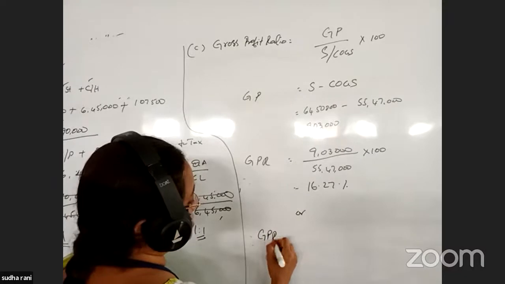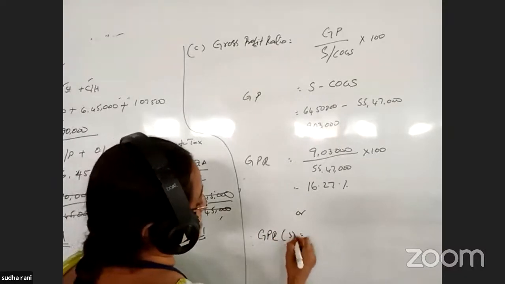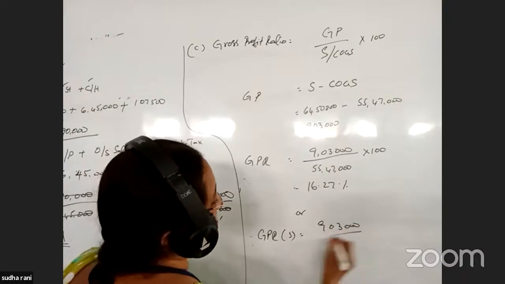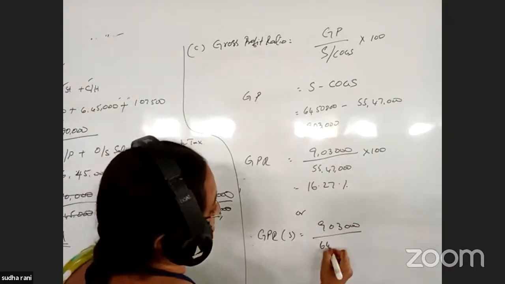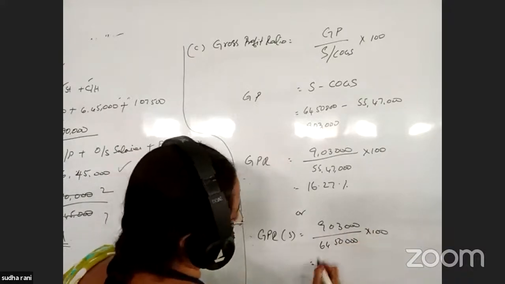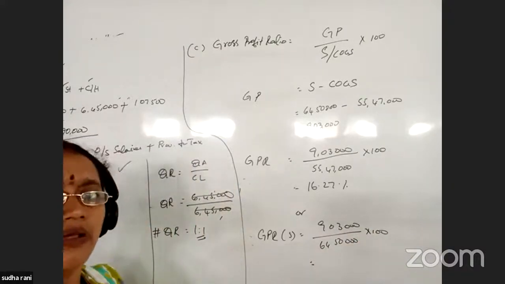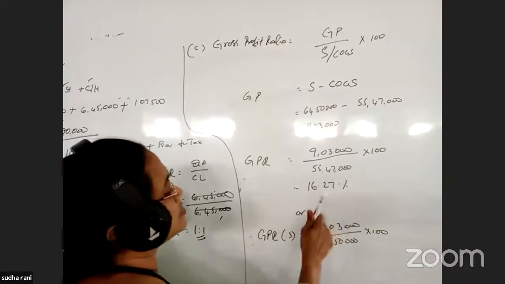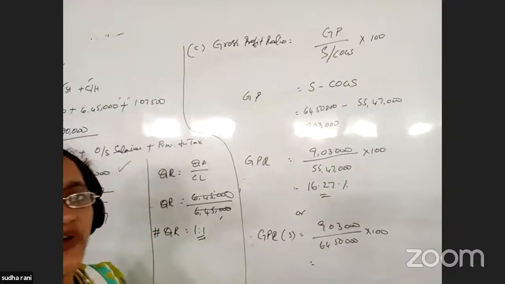And do the same using sales. Gross profit ratio to sales: 9,03,000 divided by sales, 64,50,000, into 100. Do this with the sales. If you are taking cost of goods sold, this is your gross profit ratio.